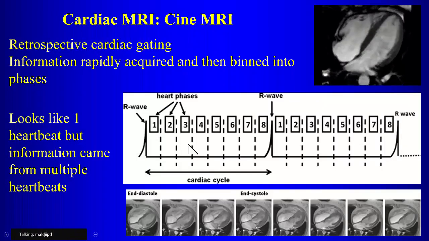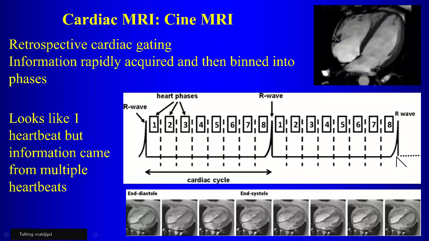So how is this done? Well, this is done through retrospective cardiac gating. The information is acquired rapidly and binned into phases. So basically, shoot first, ask questions later. So what is done here is that we're acquiring information very rapidly throughout the cardiac cycle at the same time as you have the ECG tracing here.